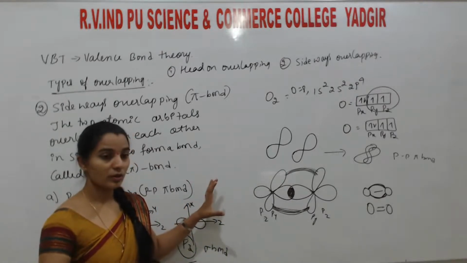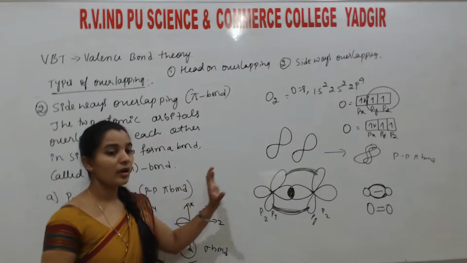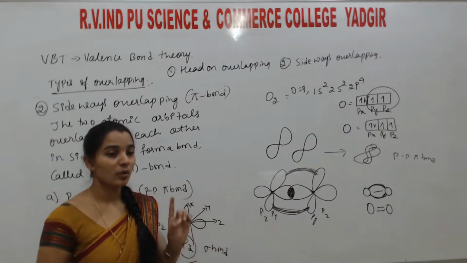Understand? So this is all about the formation of the pi bond, sidewise overlap.